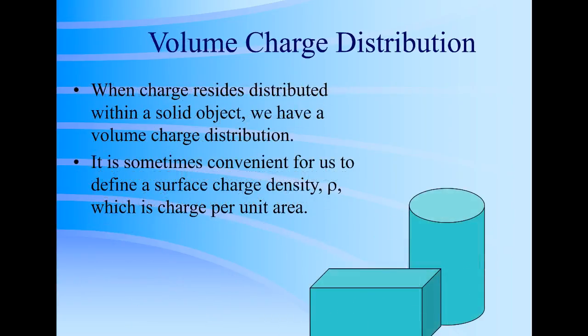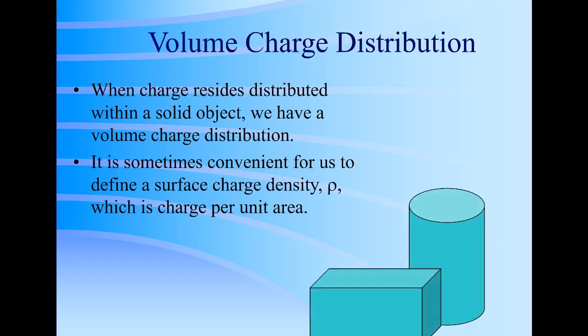Okay, now our last type is the volume charge distribution. And the volume charge distribution is when we have a three-dimensional object. Okay? And we talk about a volume charge density, rho, which is charge per unit volume. I apologize for that error.